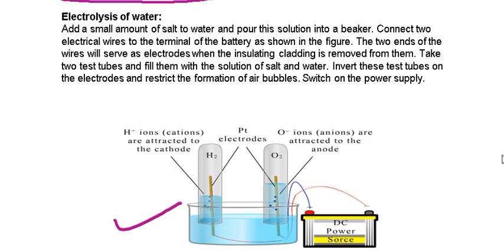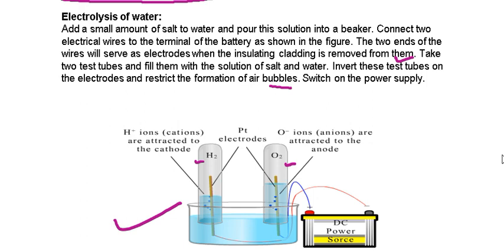The two ends of the wires will serve as electrodes when the insulating cladding is removed from them. Take two test tubes and fill them with the solution of salt and water. Invert these test tubes on the electrodes and restrict the formation of air bubbles.